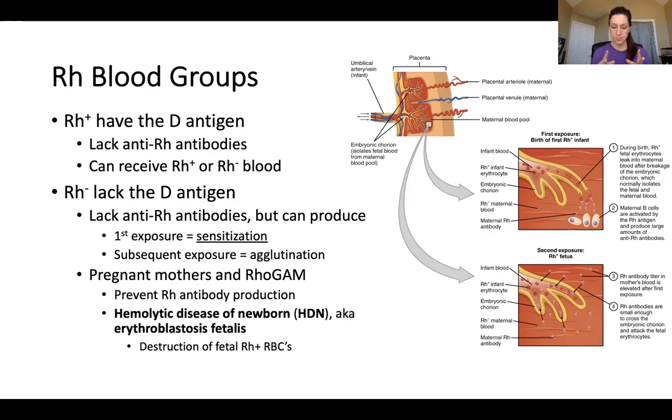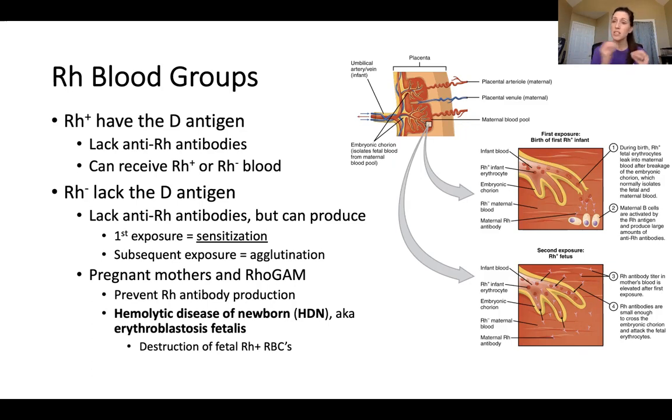This is why pregnancy and Rh factor can be an issue. If you have an Rh negative mother but an Rh positive father, you can end up with an Rh positive baby. If the mother's blood and the infant's blood mix, which sometimes they do through micro tears in the placenta, during the birth process, or any number of circumstances, the baby's Rh positive blood comes into contact with the mother's Rh negative bloodstream.